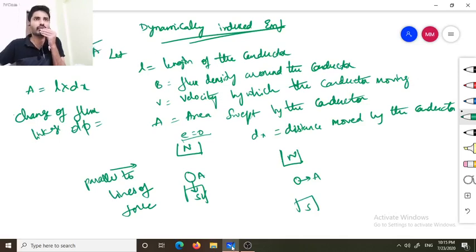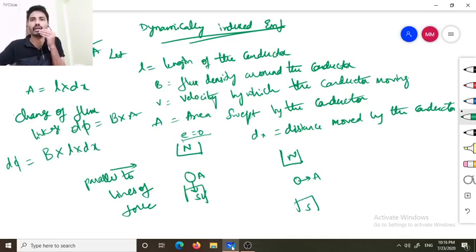So if we want the flux, then flux density is multiplied with area. As we got the area value as L into dx, substitute the value: d phi is equal to B into L into dx. So this is the change in flux.